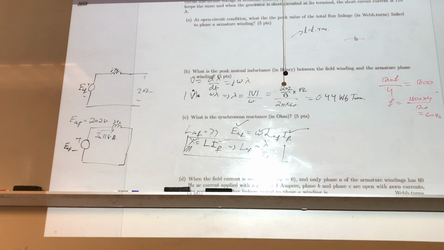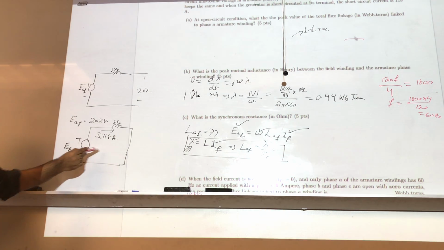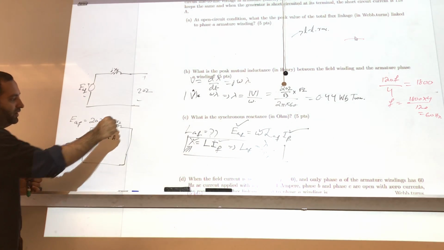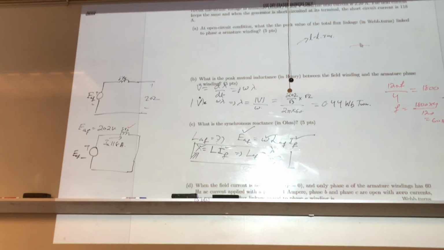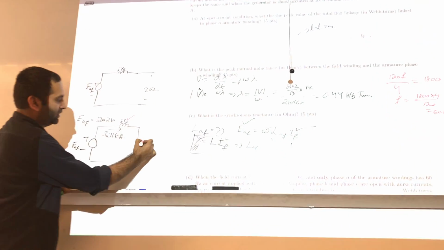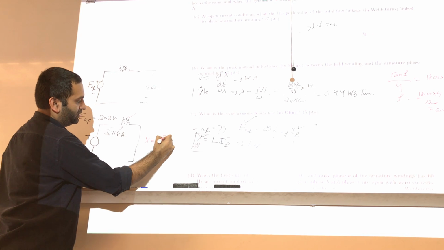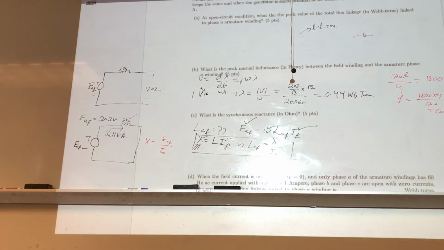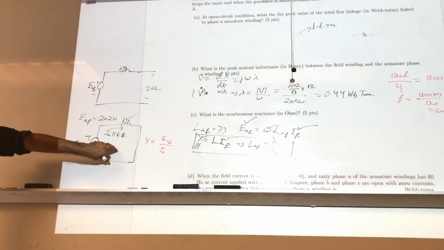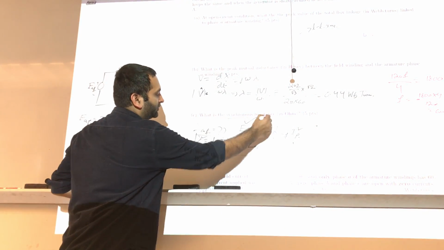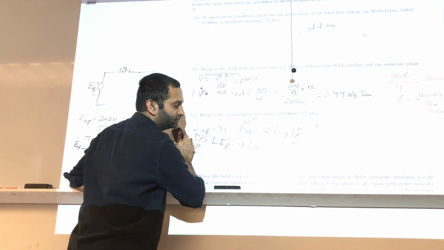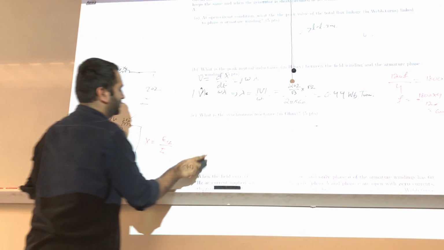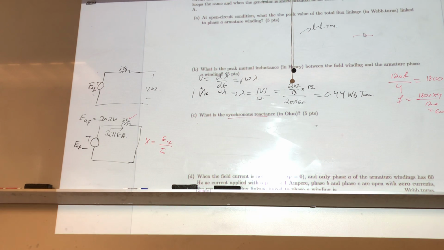Then the next question is, what is synchronous reactance? So synchronous reactance, you can find it from here. It's asking you to find Xs. So Xs is nothing but EAF over IA. From this equation, it's asking you to find the synchronous reactance. And I is just through the armature.